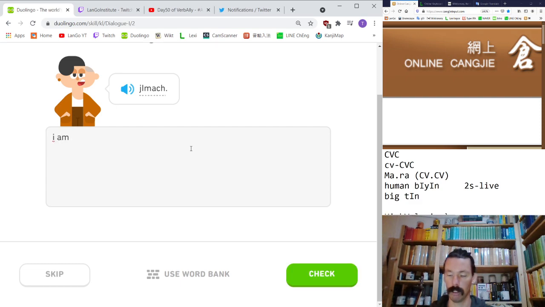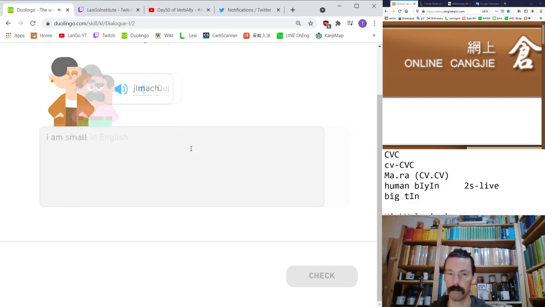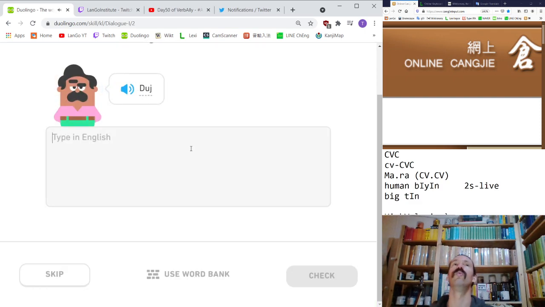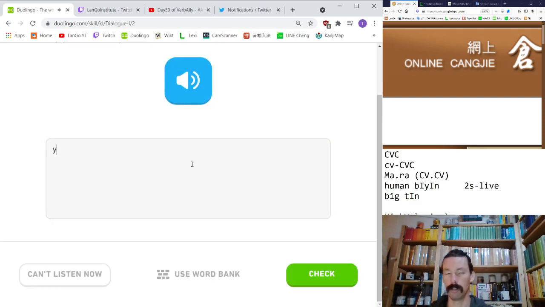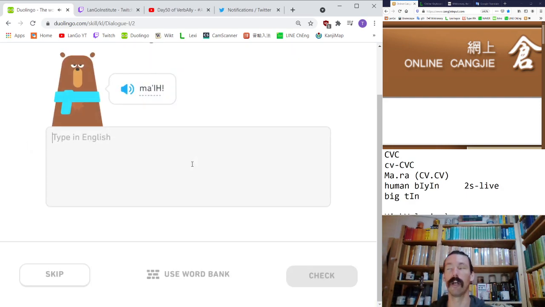I am small. Ship, probably a starship. Yin duj. The ship goes. Maich. Ma is the we prefix. What's the verb? I don't recognize. Ich, are beautiful.